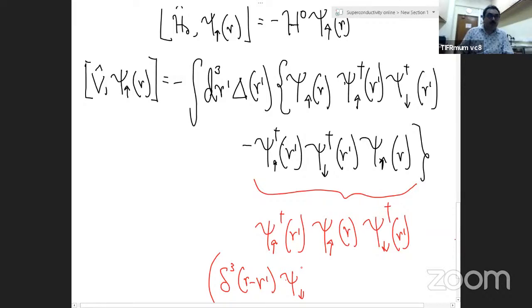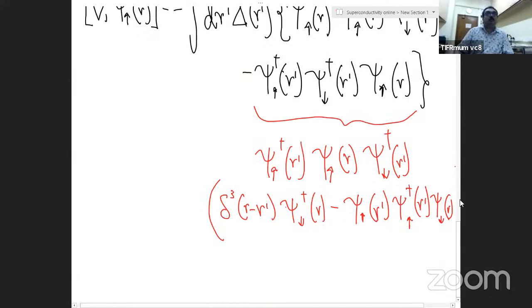So the last term remains as it is, minus psi up R prime, psi up dagger R prime. Yes, that makes sense.